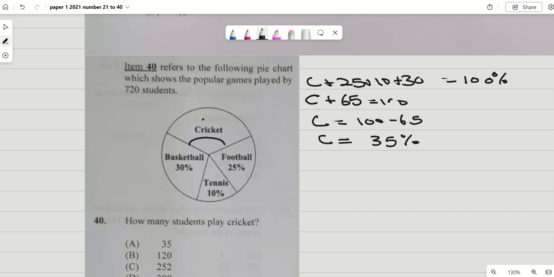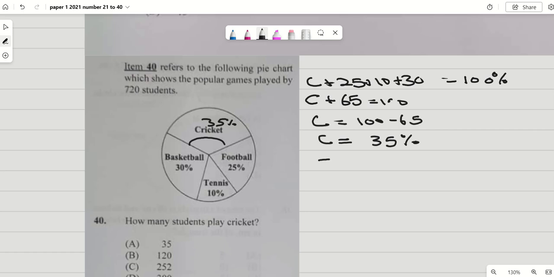So this here is 35%. How many students played cricket? First off, we know 100% is 720 students, because they said the pie chart shows the popular games played by 720 students.